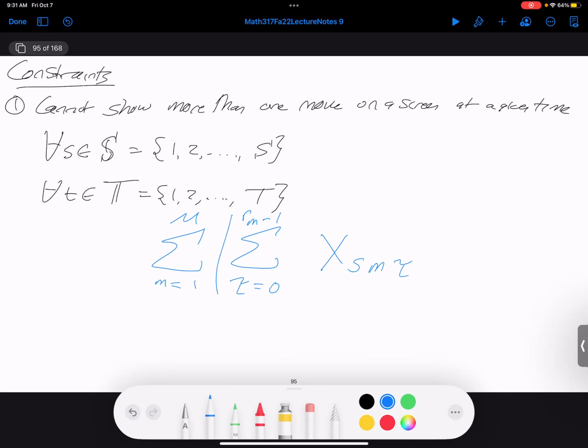So this sum is 1 if the movie starts in enough time to be running at time t. And so for each movie, I check and make sure that I have not started too many movies in the past.